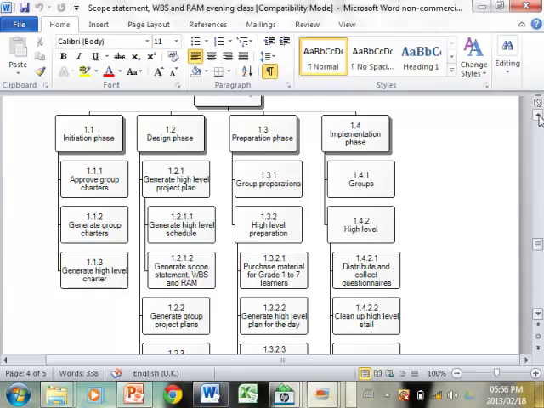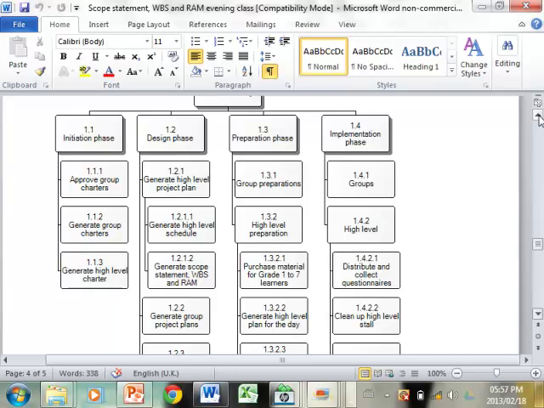No. The numbering does matter, because when we get to the schedule, we have this approved project charters that has that number, and we use that number on the schedule so that we know where to refer back to the work breakdown structure. The other thing the number does for us is it gives us the hierarchy. So the question that we must ask is, if we have done all three of these activities, is the initiation phase complete?